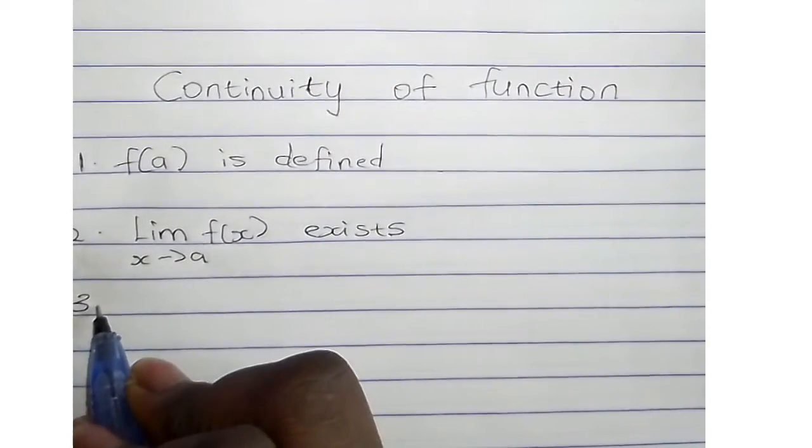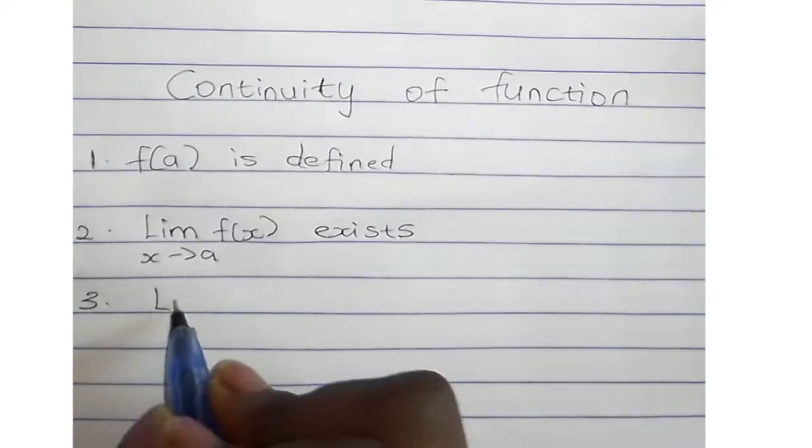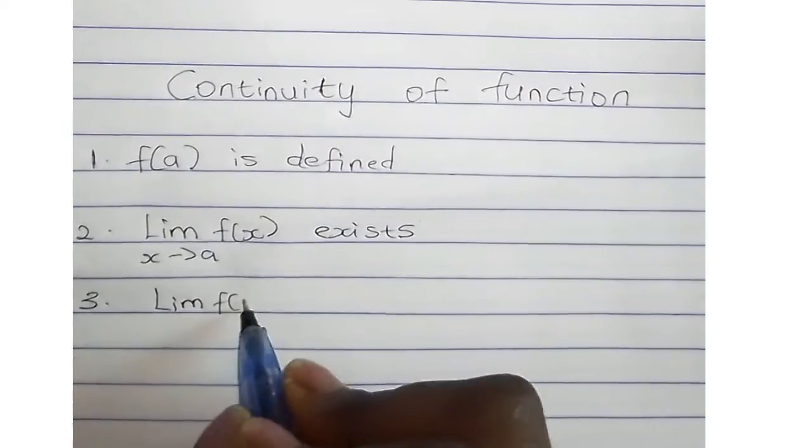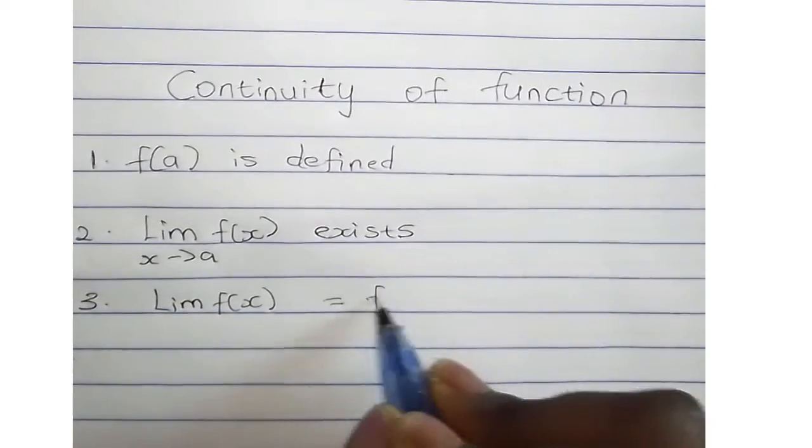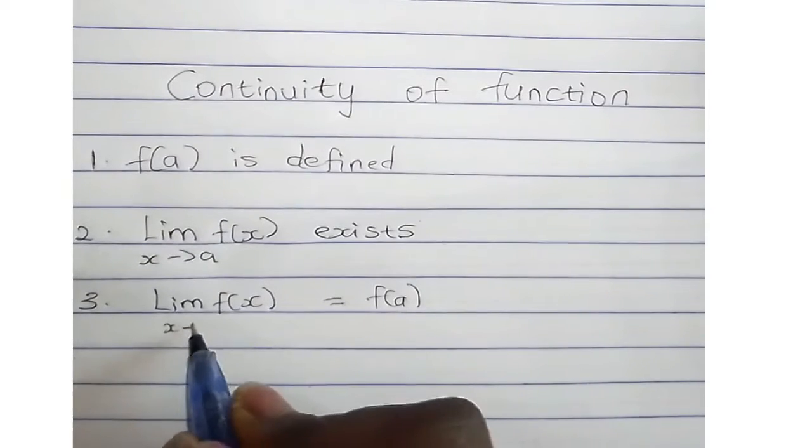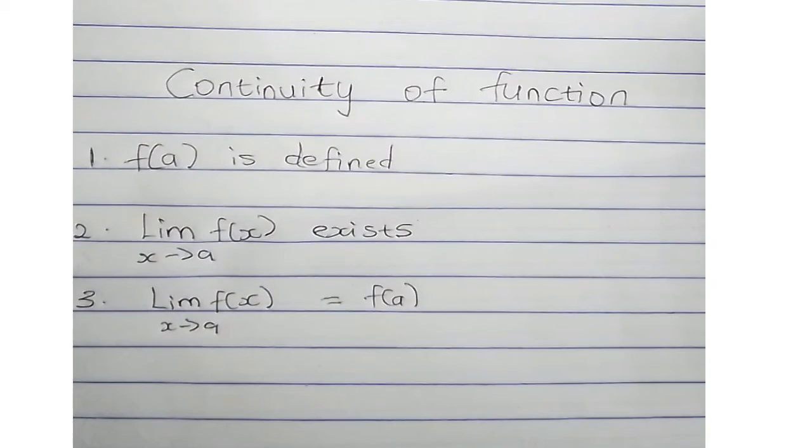The third is the limit of f of x equals f of A as x approaches A. These are the three conditions needed for a function to be continuous. If these three conditions are not met, then that function is said to be discontinuous.